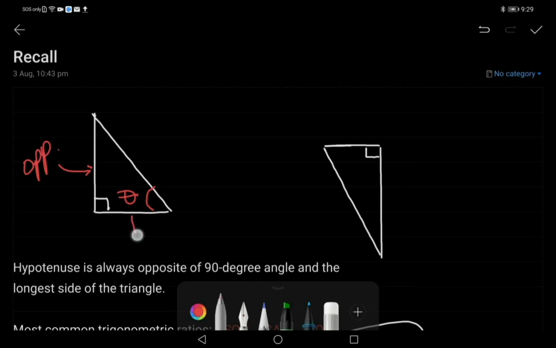And this side near the angle theta becomes the adjacent side. And the hypotenuse is always opposite of the 90-degree angle and the longest side of the triangle. So this is the hypotenuse.